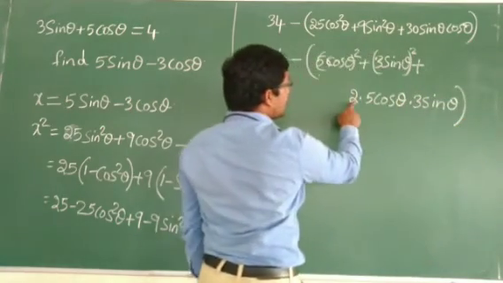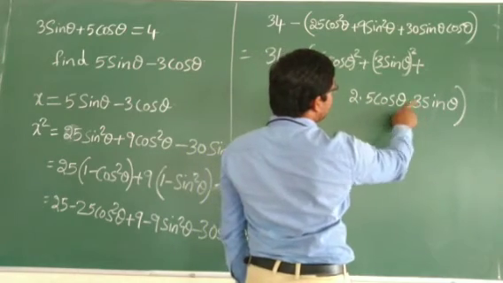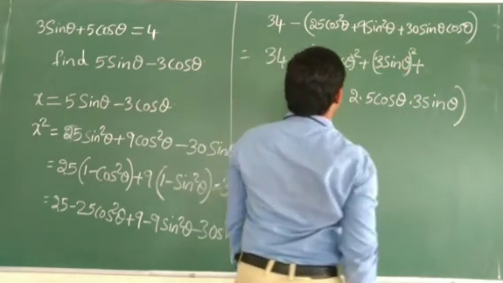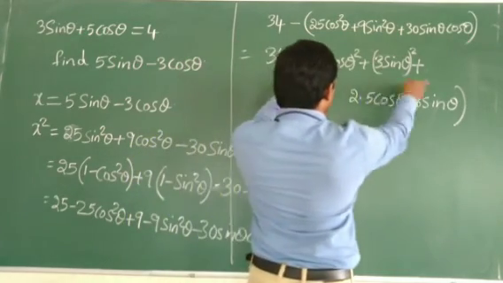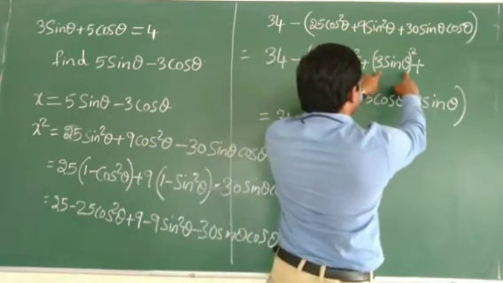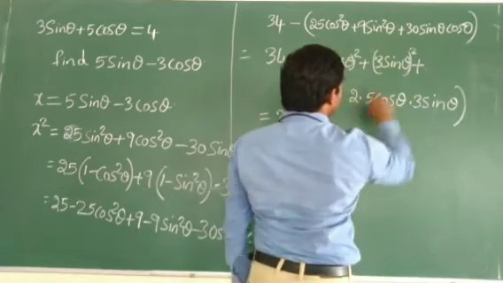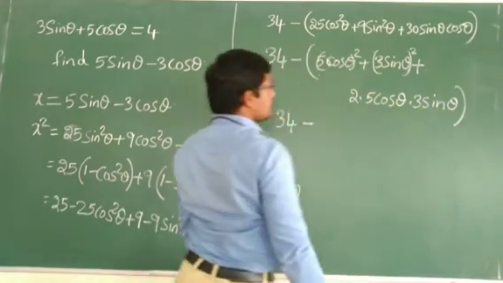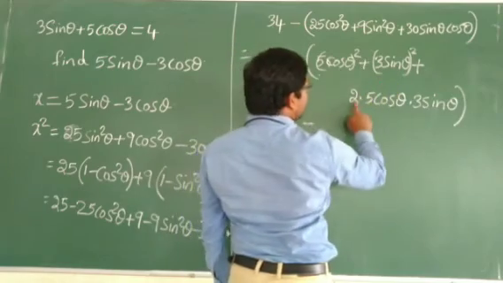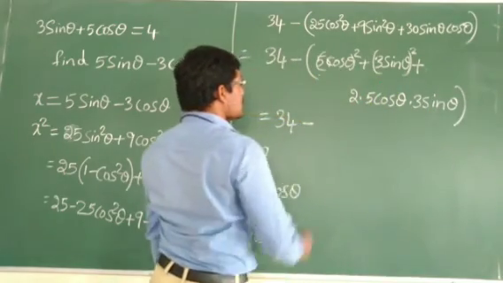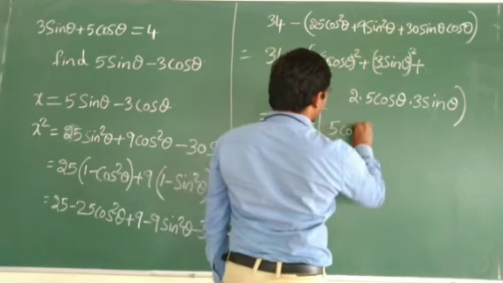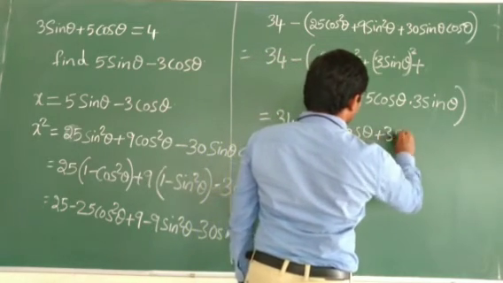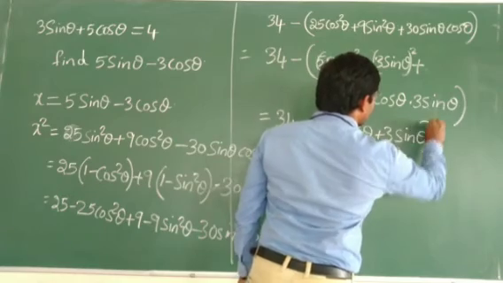Now you can observe this is 2 into 5 10, 10 into 3 30, 30 sin theta cos theta. If you look at the whole thing, this is a square plus this is b square, this is plus 2ab, a square plus b square plus 2ab. So we get a plus b whole square, that is 5 cos theta plus 3 sin theta whole square.